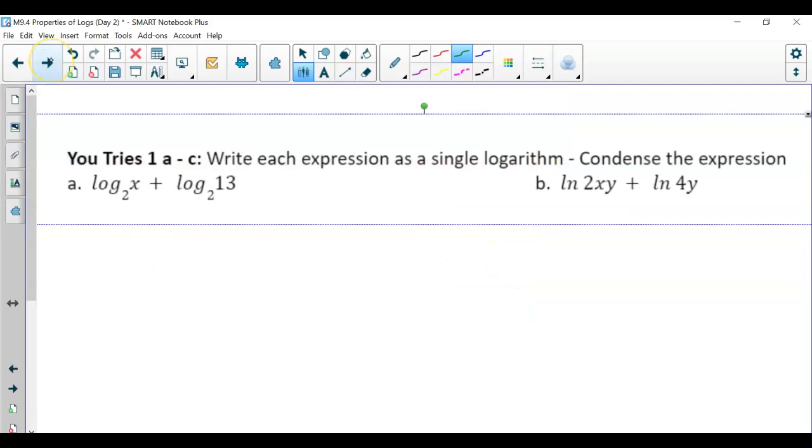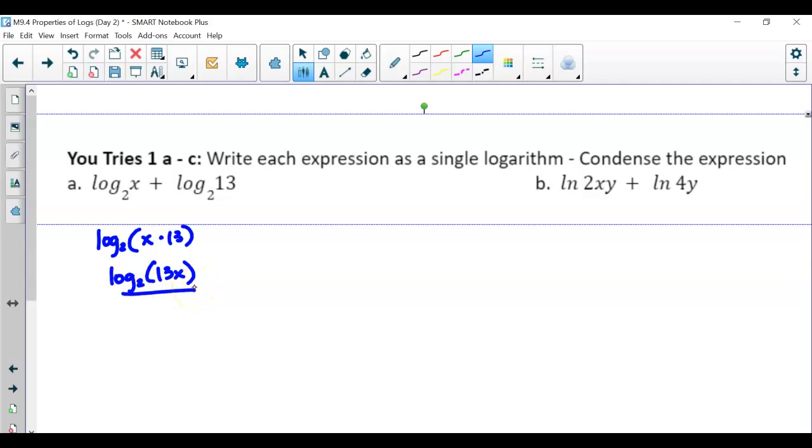So go ahead and pause the video and try the two U-tries and condense using our product property. And here we go. Again, notice how the bases are the same. So here I've got log base 2, and we're adding, so we're going to multiply x times 13, or make sure to rewrite this as log base 2 of 13x.